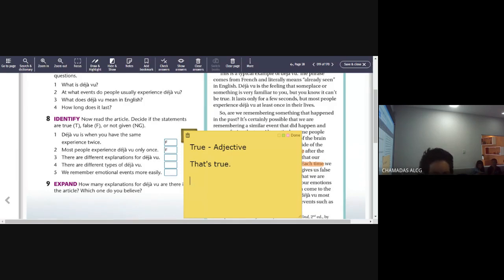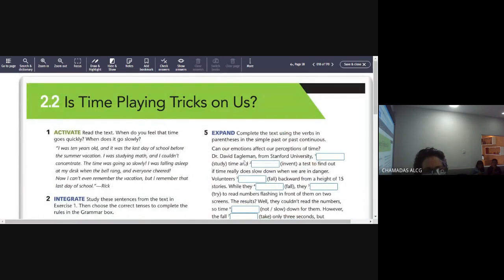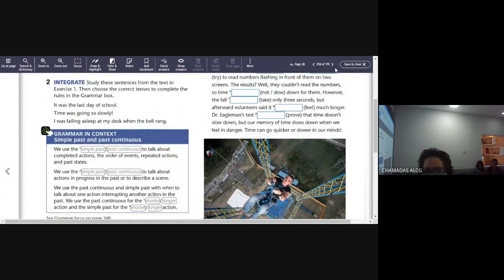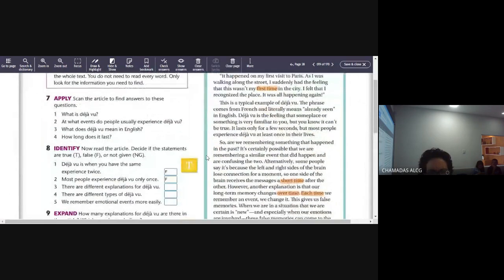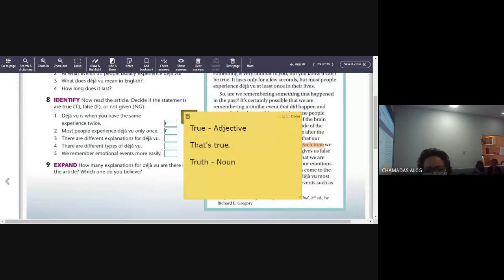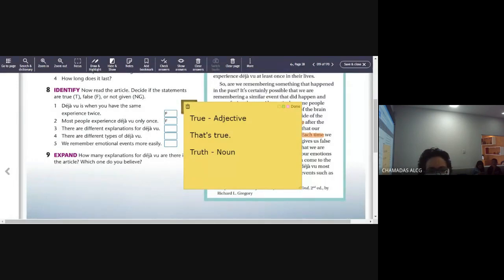Now, we have the word truth. This is the noun, okay? This is not the adjective. Okay. So here, truth is a noun, not an adjective. So here, example, that's the truth.